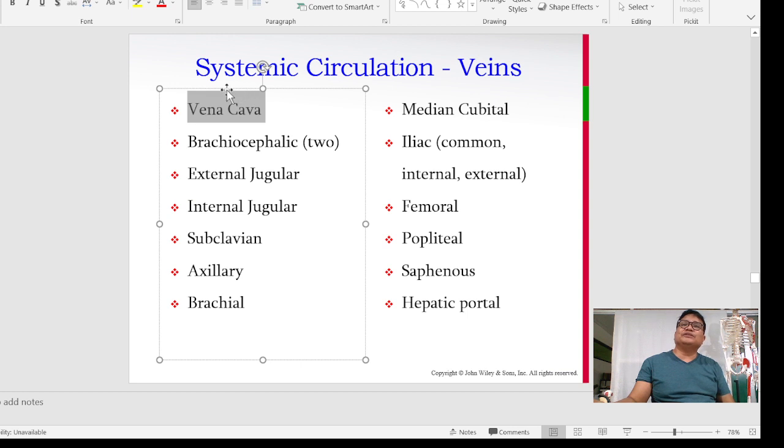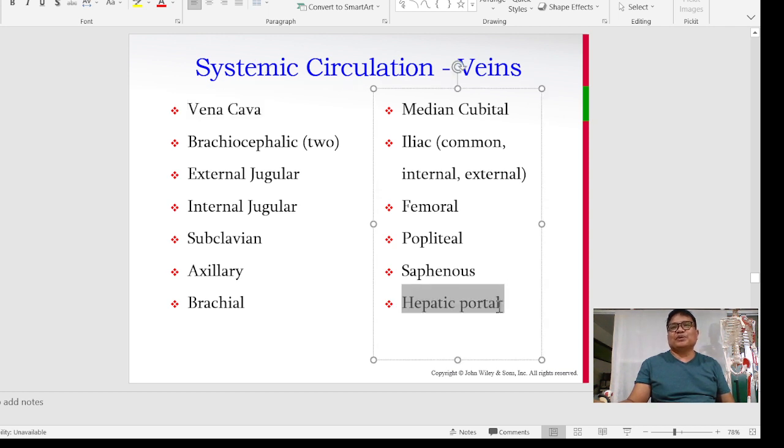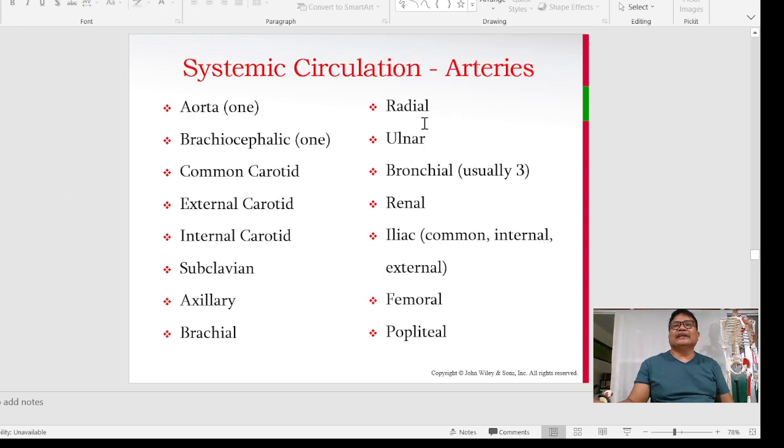So kung imong tanawon, ang branches sa imong veins is mamaora siya sa artery except kaning mga branches, hepatic portal, popliteal. Okay, wala man ni siya popliteal sa likod sa lukon-lukon, no? Bronchial sa lungs na, no? Renal sa kidney.